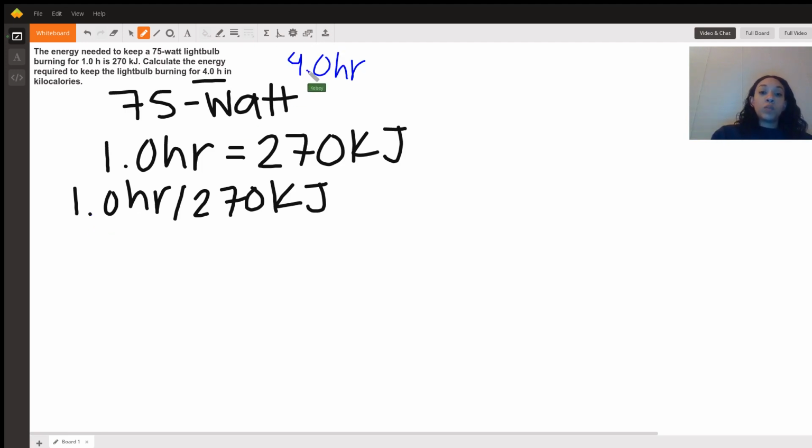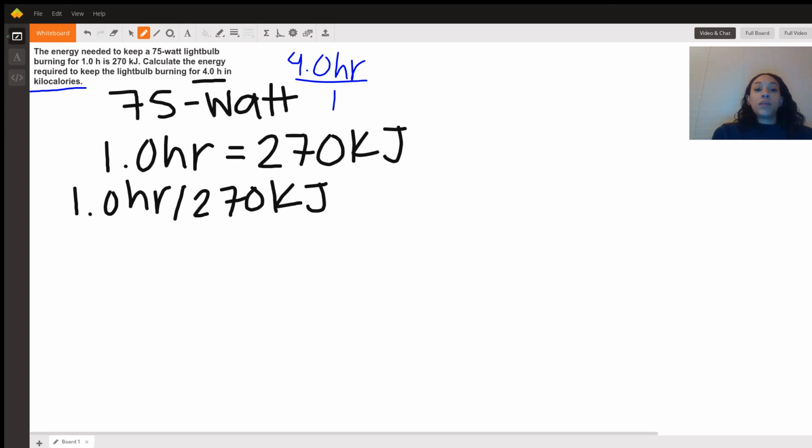So for this light bulb, we want to see how much energy is required to keep it burning for 4 hours. Also, we should note that they want our value in kilocalories at the end. We can look at that conversion factor later, but right now we're going to try to convert to kilojoules and get rid of the units of hours.